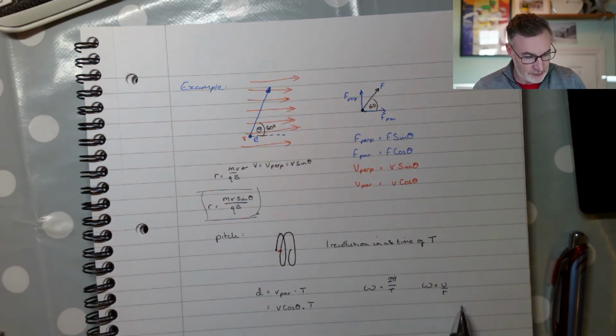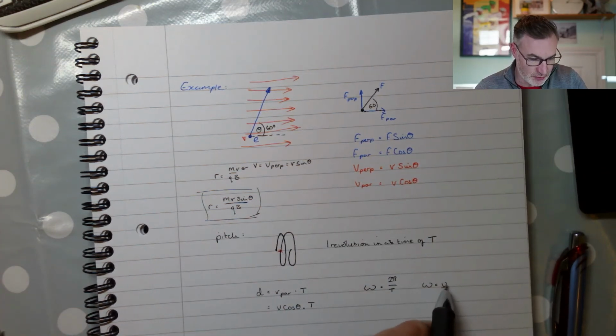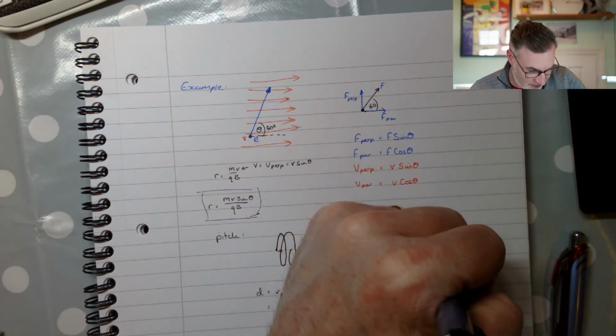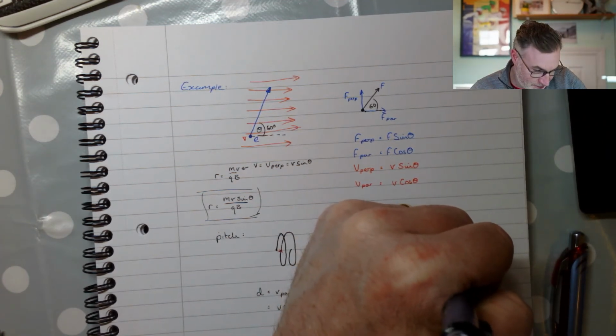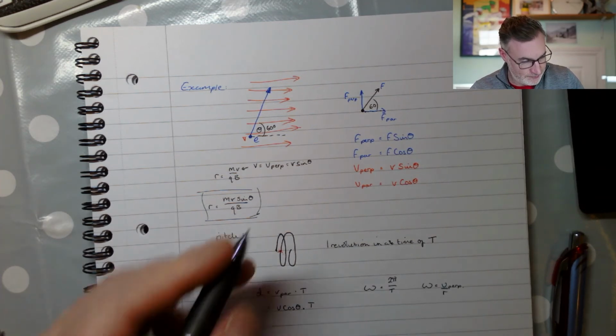So we have these two equations, and if we bring both of these together, then we can find out what T is, because remember this v is the v perpendicular. So we can substitute this in here.